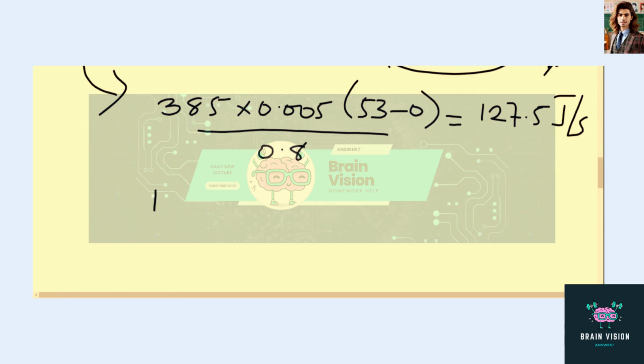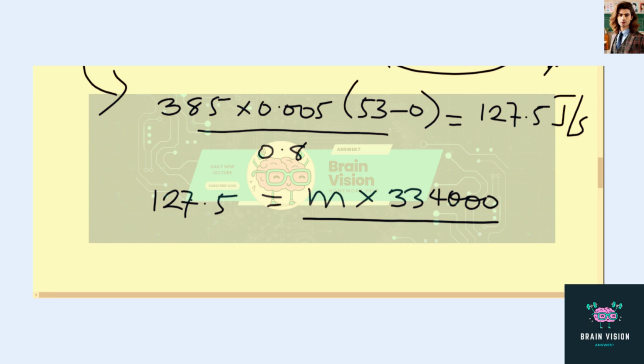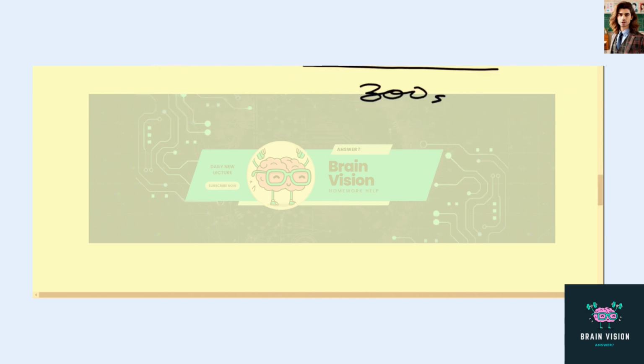All right, and then next we go on to calculate the latent heat times the mass. So let's straight away equate this. 107.5 is equal to the mass of the ice, which we have to calculate, times the latent heat of fusion of ice or water, which is given as 334000, divided by the time, which is 300 seconds.